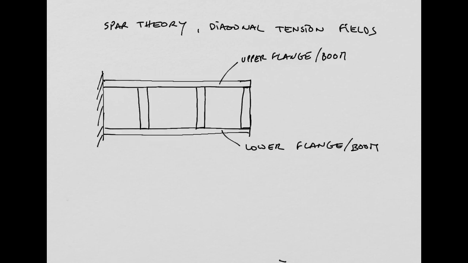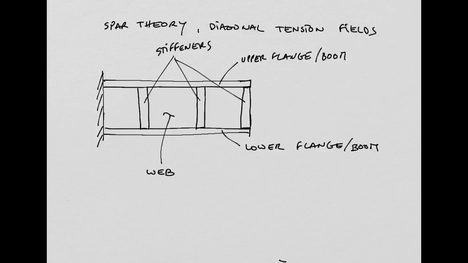These guys will be the stiffeners, right? And of course, what you have between these two stiffeners is basically a plate or a web, right?